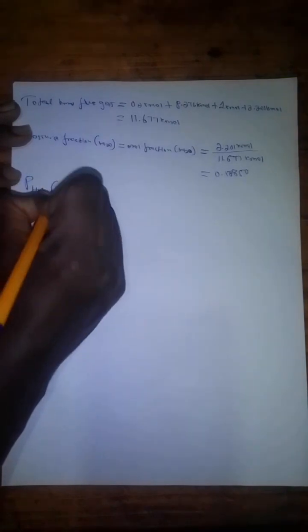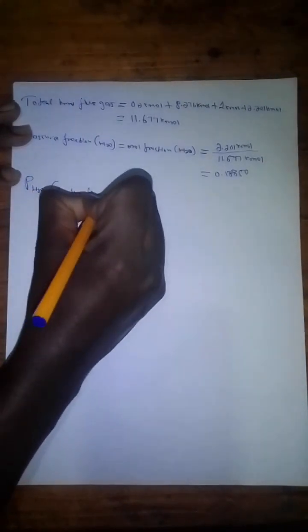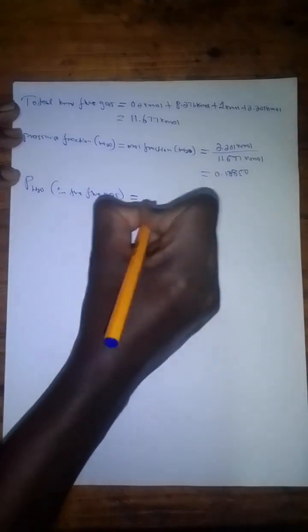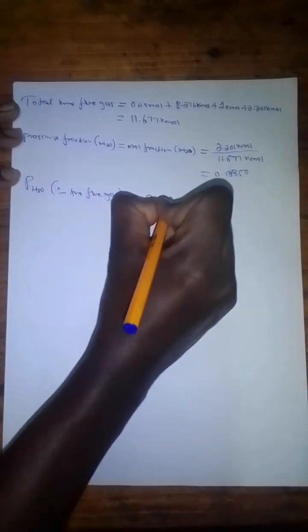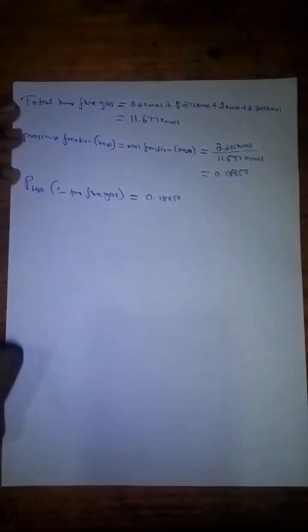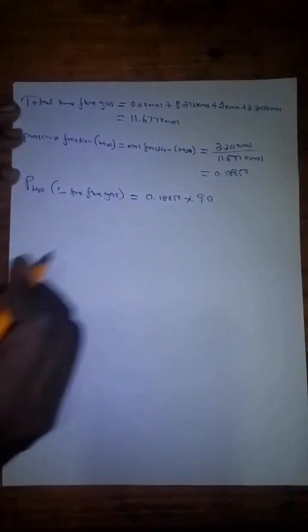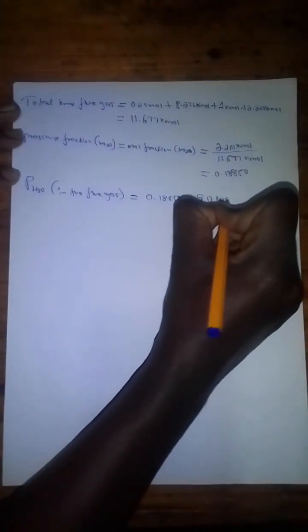So we can simply say the partial pressure of H2O in the flue gas is equal to 0.18850, which is the pressure fraction or the mole fraction of H2O, multiplied by the total pressure of the flue gas, which is 90 kilopascals.